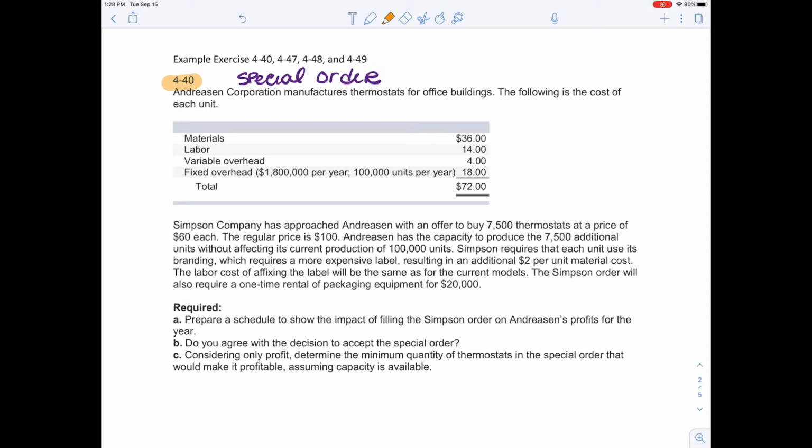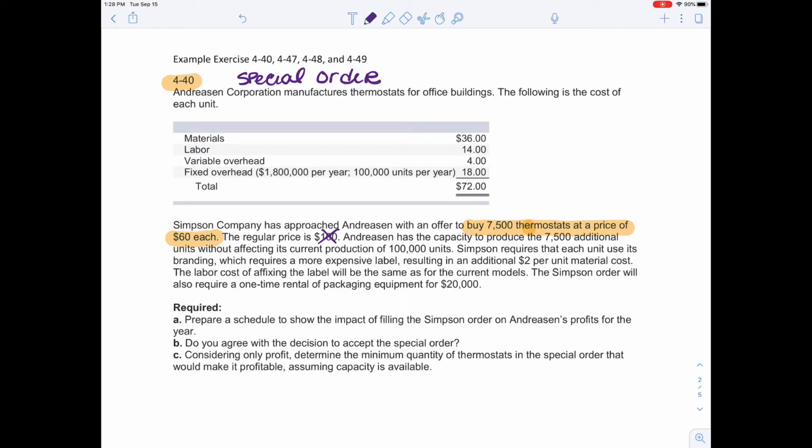So they have a special situation. They can buy 7,500 thermostats at a price of $60 each. Their regular price is $100. You know what? We really don't care. So we're going to cross that out. We're not going to take that into consideration when we're looking at how much additional money we have.